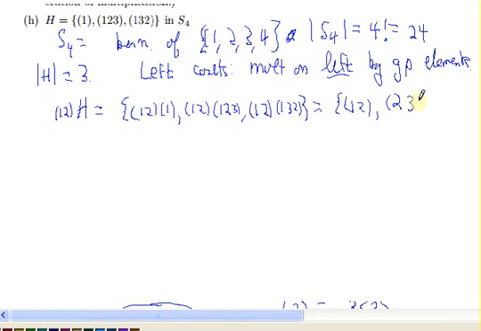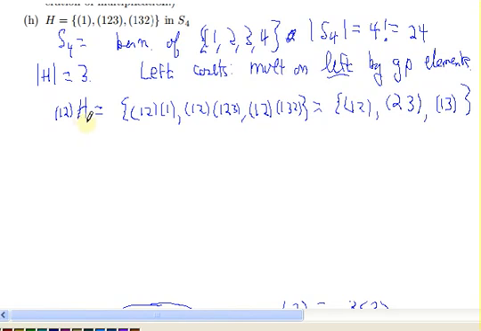So the second one is (2 3). How about this one here? 1 goes to 3, 3 goes to 2, 2 goes to 1. And you can check that 2 goes to 1, 1 goes to 2. Okay, so this is the result I get when I take the permutation (1 2) times the group H.